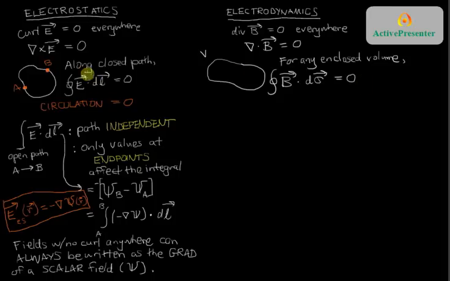You can see how parallel this is to E dot dl being 0 along this closed path. Now you have B dot d area along the surface of this enclosed volume. And we even have a name for that. We would say that the flux of magnetic field through that surface equals 0. Again, very parallel to the other derivation.